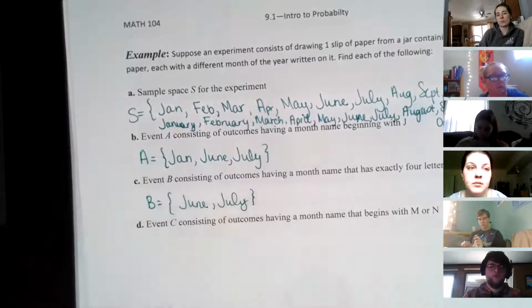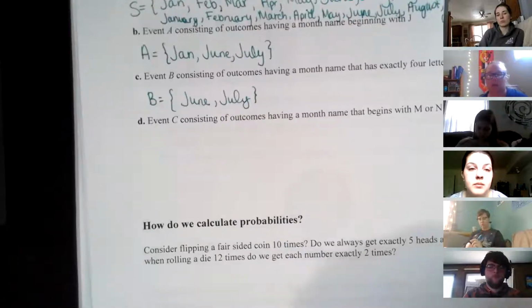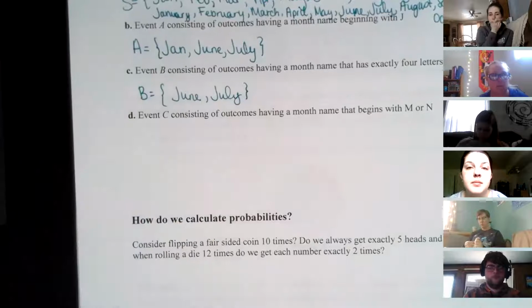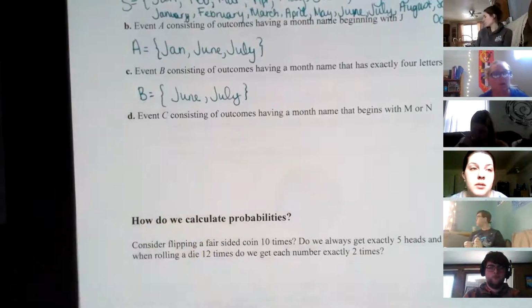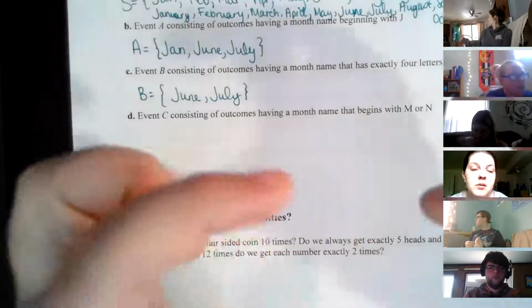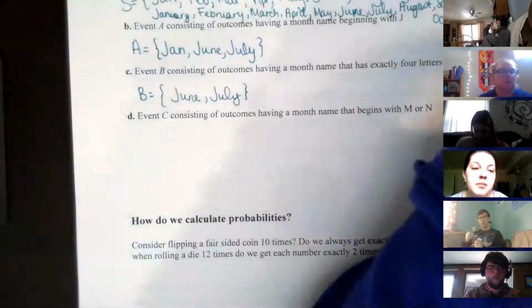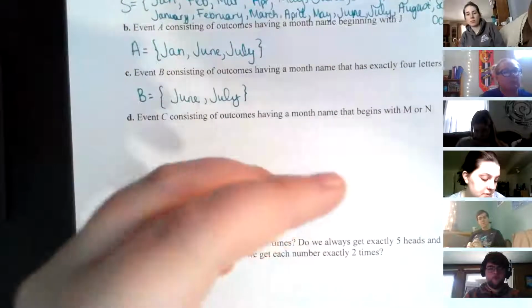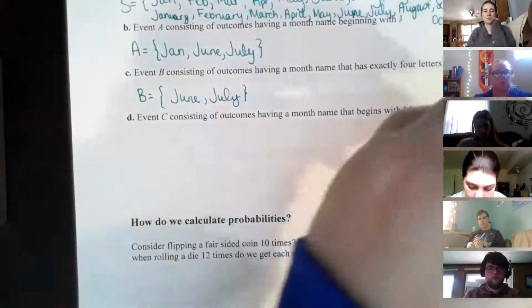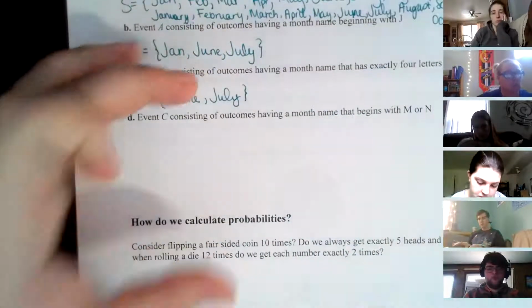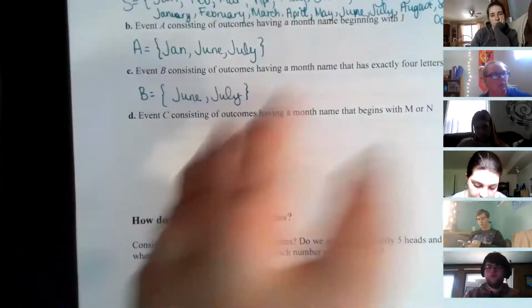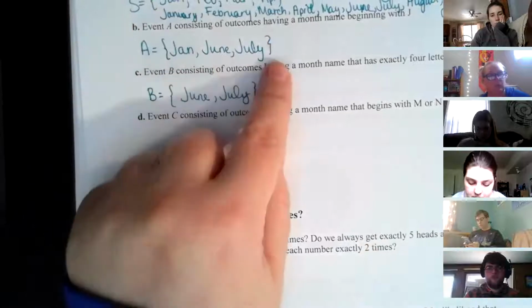If I was doing this in front of a class of say 2nd graders, I would have my jar already with the slips of paper in there, and I would start pulling them out and showing them. How many of these start with the letter J? They would pull these out and that would be their set.